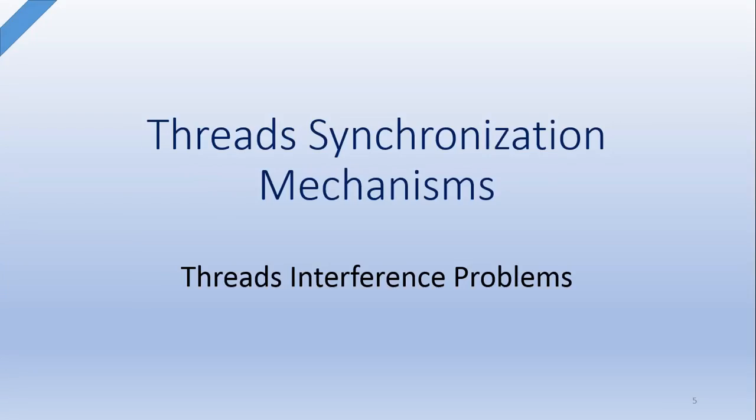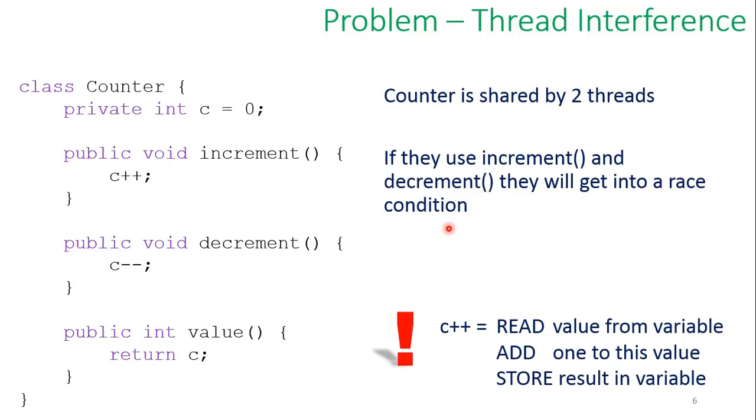So let's talk about thread synchronization mechanisms, and to show their usefulness, we are going to put them in the context of the thread interference problem. Let me describe what we mean by thread interference. Here's a very simple class, the class Counter.